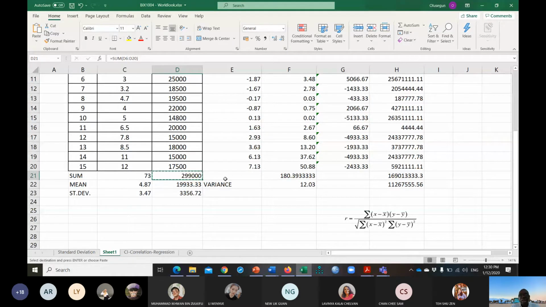Control C, Control V here. What is this? Oh, no. This multiplied by this, summation. Okay, we need to do this multiplying this.